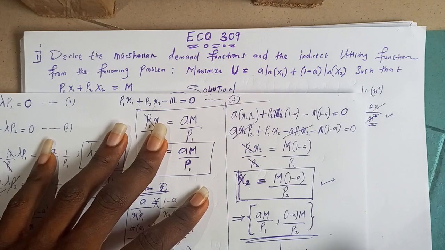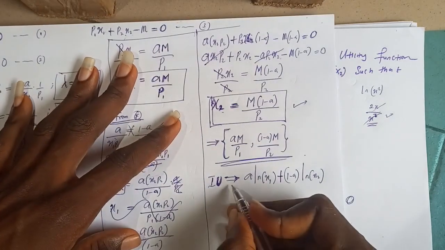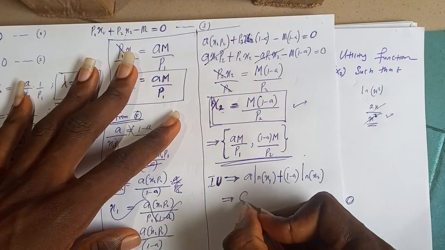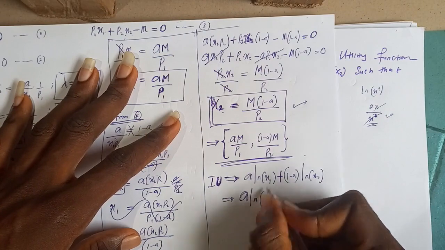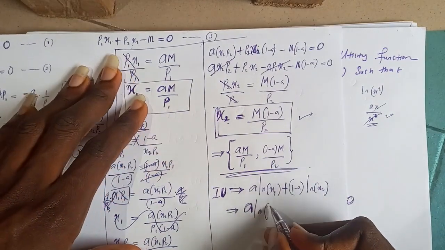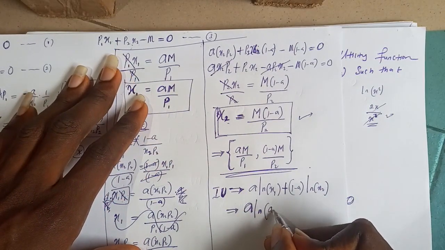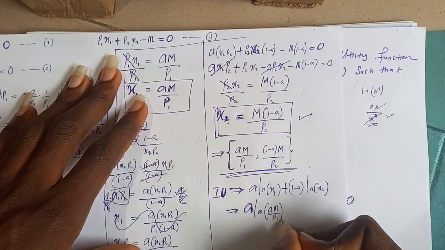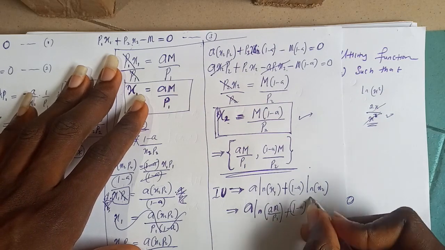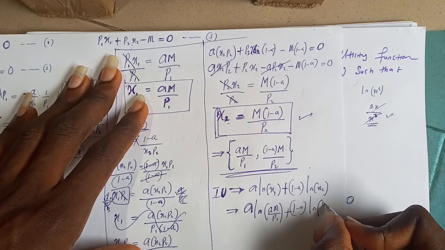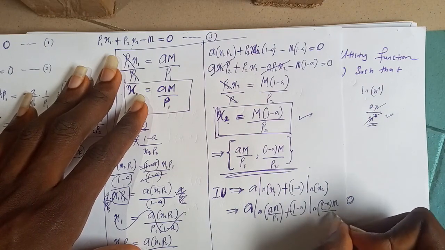It's not going to be in terms of x1. So you have plus 1 minus a ln of x2. So this is the utility function given to us, but IU simply implies that you have to substitute back what your x1 and x2 are. My x1 is a m over p1, then plus 1 minus a ln of what? x2 is what? 1 minus a of m over p2.